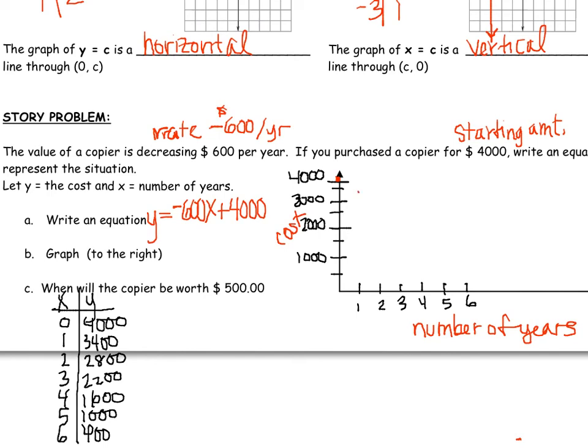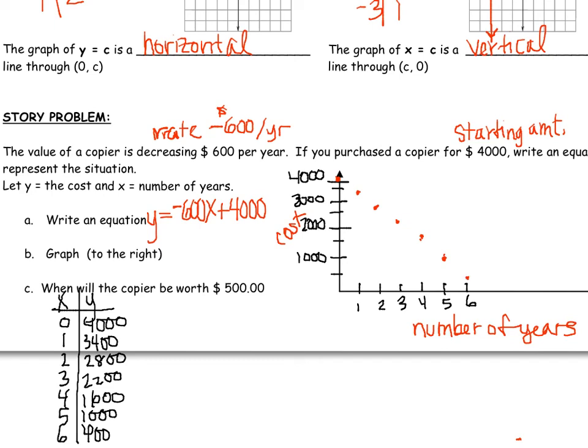I'm trying to write a dot, but it's not liking it. After 2 years, it'd be 2,800, which would be right about here, I'm going to estimate. After 3 years, it's 2,200, which would be right about here. And I'm looking like a pretty nice line there. After 4 years, 1,600 would be right about there. After 5 years, 1,000, which would be right about here. After 6 years, 400, right about here.